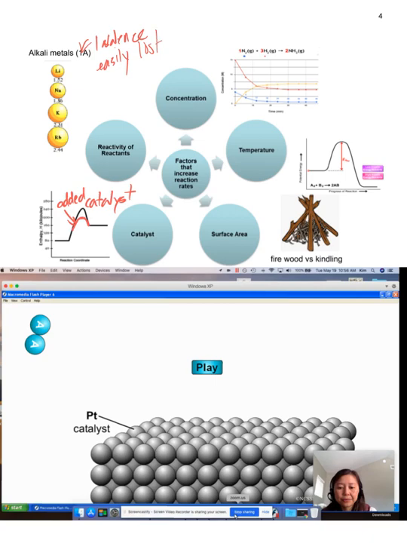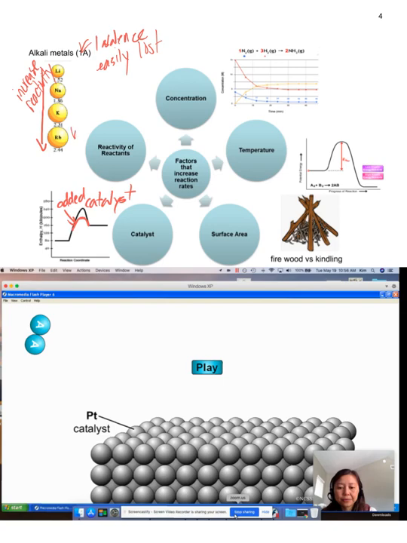Now, as you go from the top of the periodic table to the bottom, from lithium to rubidium, you'll notice an increase in reactivity. That's because the valence electron is further away from the nucleus, so there is a weaker core charge as a result, and there are greater energy levels.